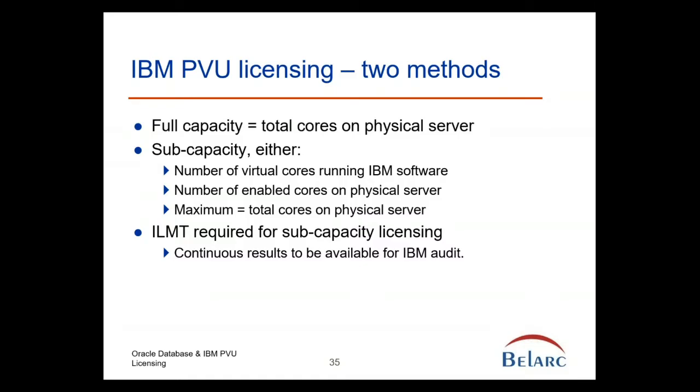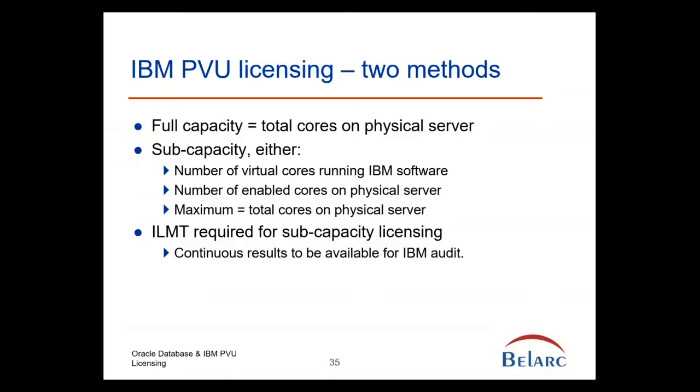On the other hand, if you're running in a virtual environment, then you just have to count the number of virtual cores. There is a way to get subcapacity licensing even if you're running on the physical server. That is, if you actually genuinely disable some of the cores so that effectively your machine has fewer cores than it was manufactured with.